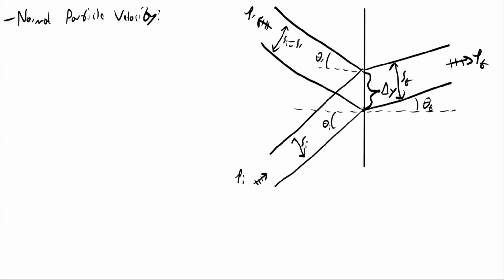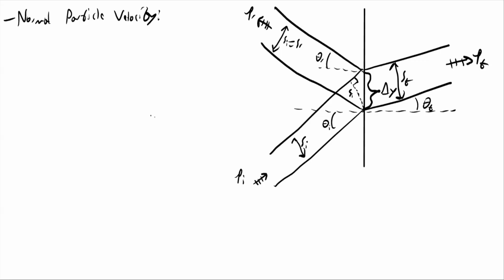You can see that it's greater than SI, because SI would be here. The dotted line here is SI, and you can think of a triangle. So delta Y is greater than the width of your incident wave packet or bundle of rays.